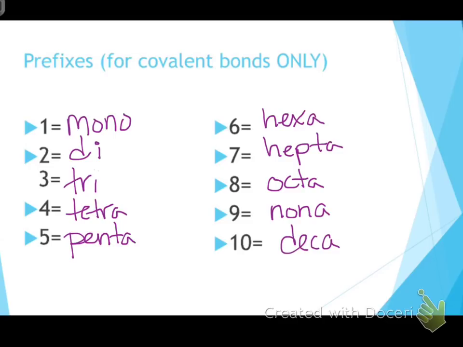These should be familiar to you. You've been using prefixes like these for words forever. Octa, 8-sided, like an octagon or an octopus. Pentagon, 5-sided building in Washington, D.C. You know, you've seen all these words before.